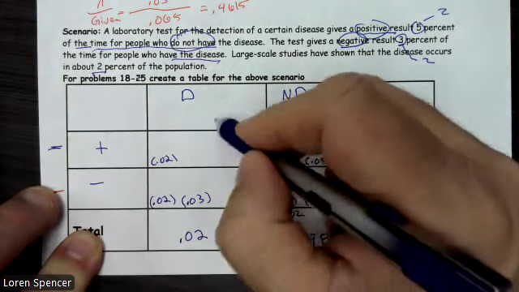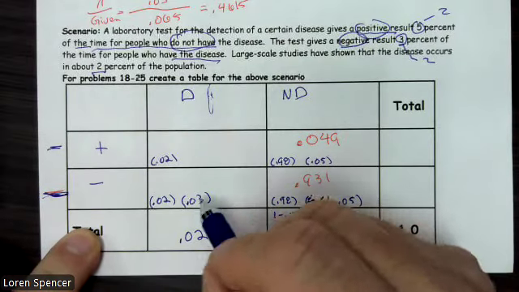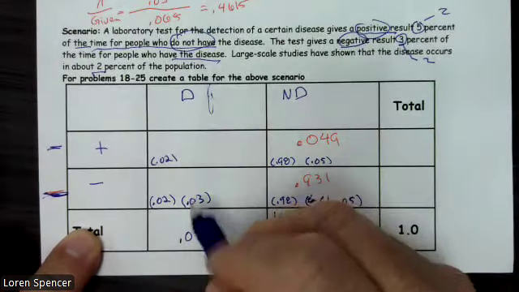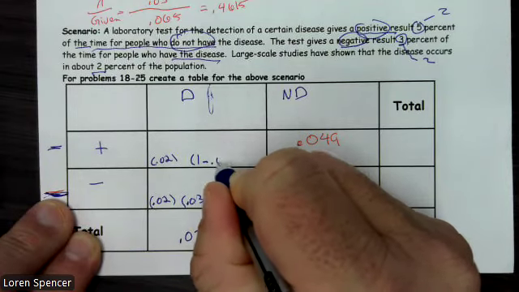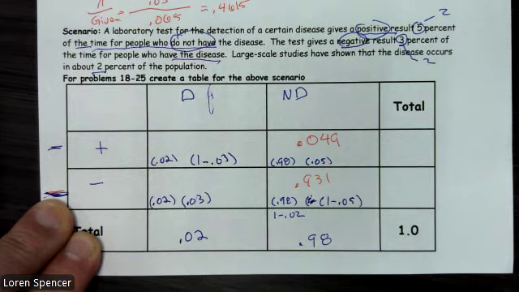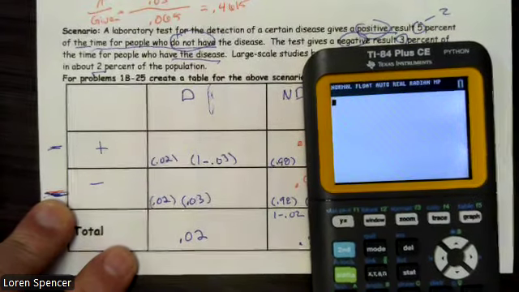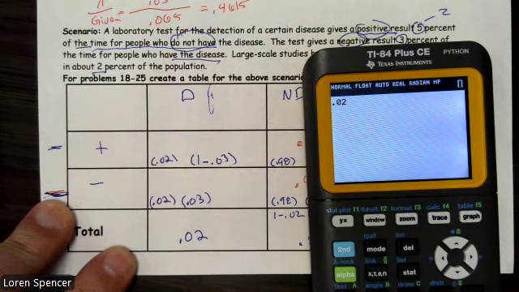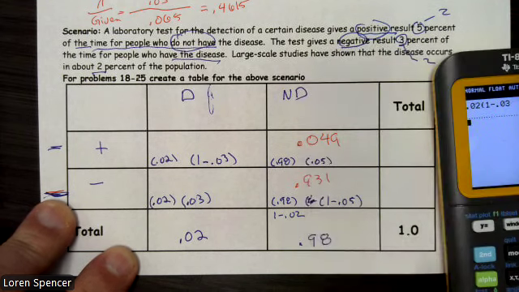So now, because we're looking at this row and this column, negative result and have the disease, then this is going to be 1 minus 0.03. So we have 0.02 times (1 minus 0.03), and that gives us 0.0194.